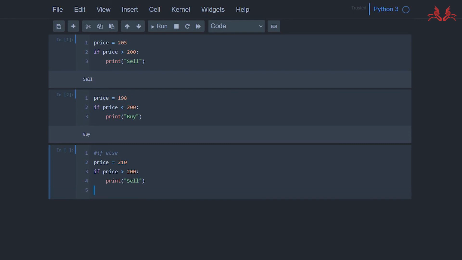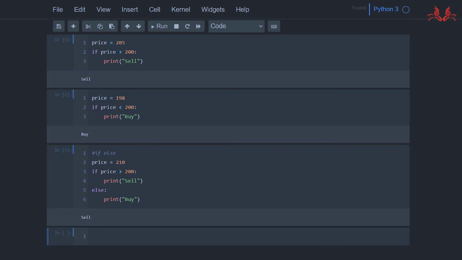We put the else statement, print buy, and we execute it. Because the price is 210, it's larger than 200, so it outputs sell.